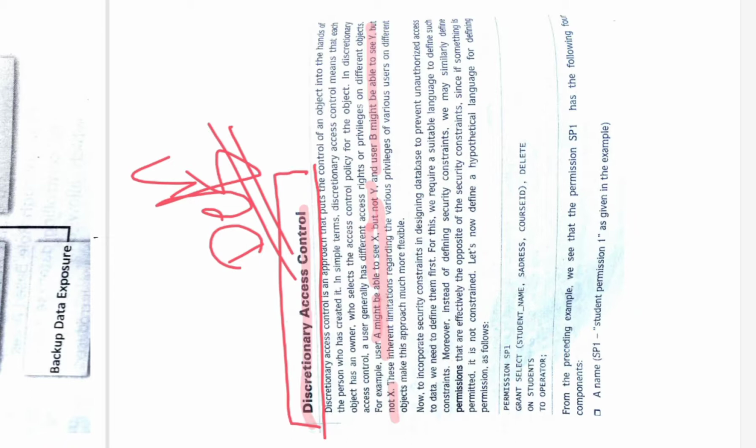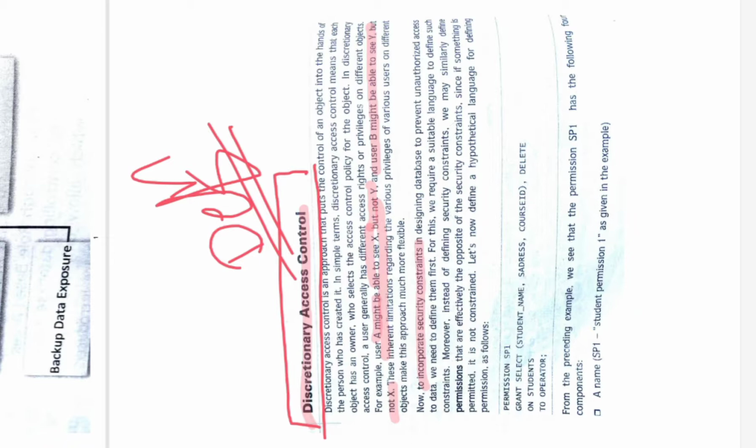If I want to incorporate these security constraints while designing databases and preventing unauthorized access to our data, how can we do that? For that purpose we will require a language. You can use SQL, or others like MongoDB, Oracle. You can use any kind of language to create the integrity constraints, but here I am not going to create the integrity constraints.